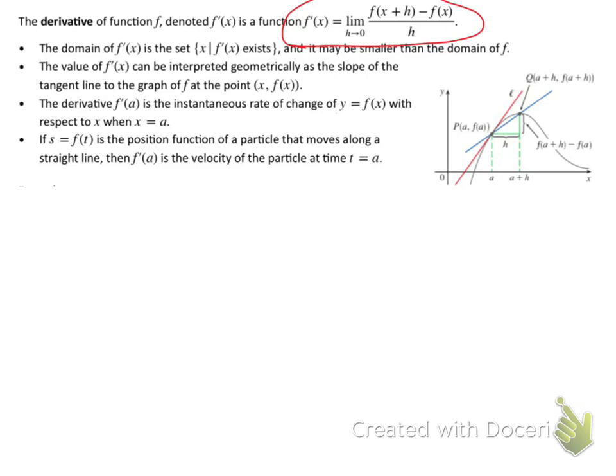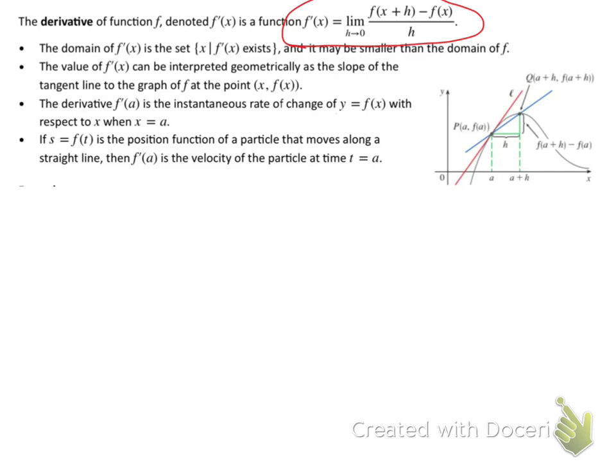So to talk about function, first we need to know where it's defined. The domain of f prime, the derivative function, is where this limit exists. You start with the domain of f.